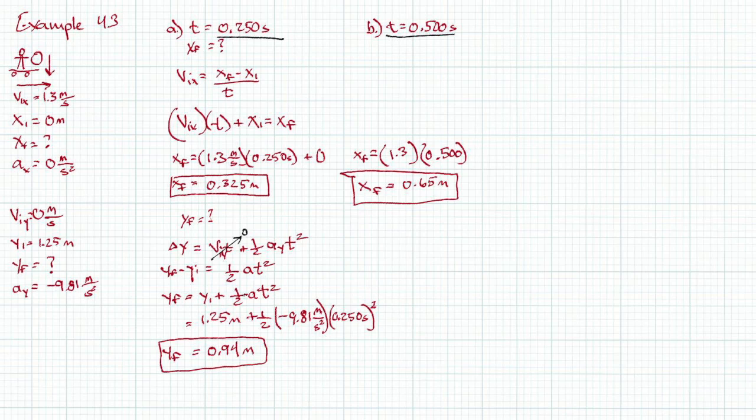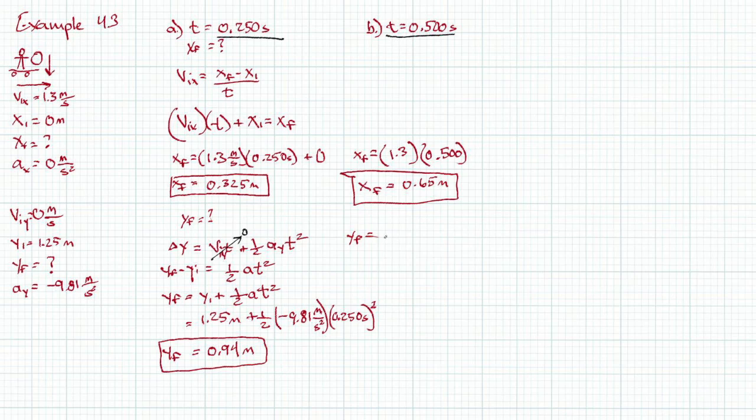We can do the same thing for our y. In fact, let's just use the exact same equation. Y final equals initial y position plus 1/2 a t squared. Remember, the y velocity dropped out because there was no initial y velocity.